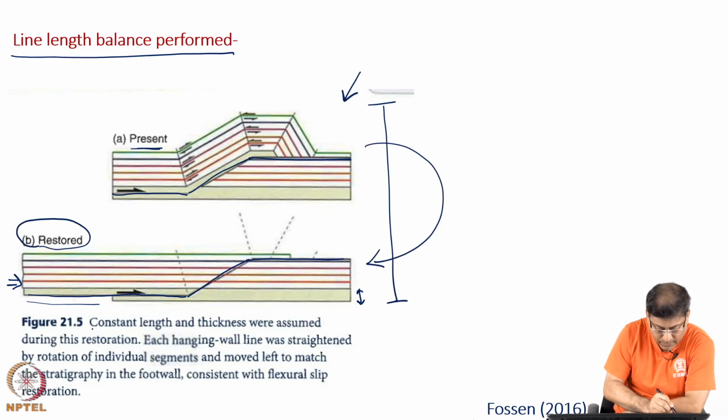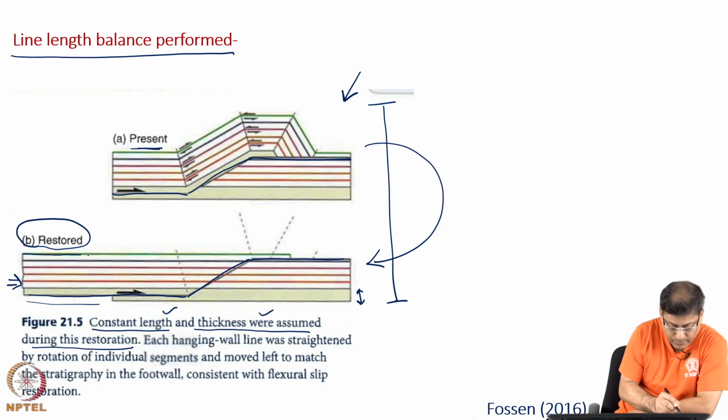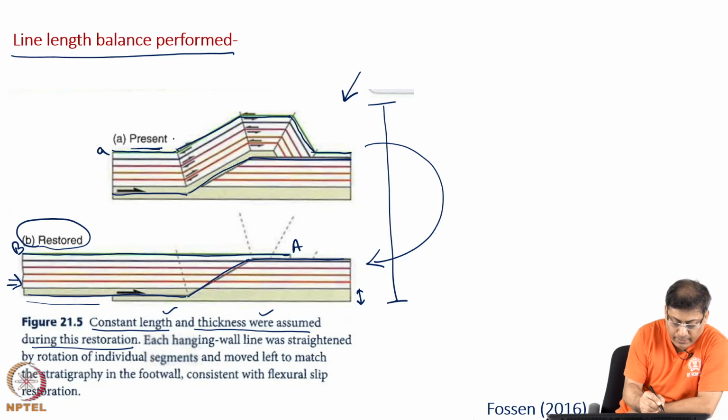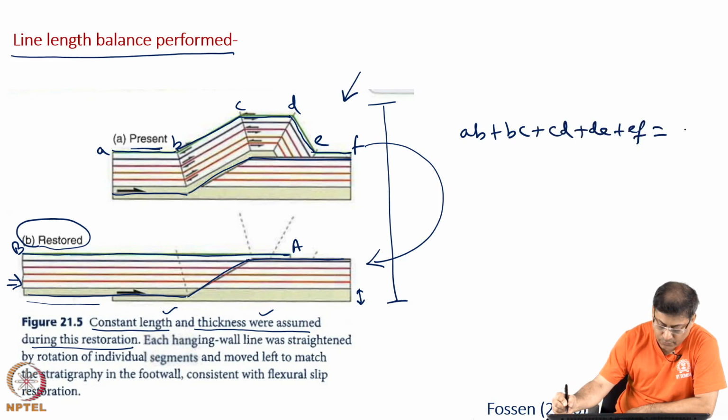In this particular case, constant length and thickness were assumed during the restoration. Both of them have been applied, which means that this line length AB is same as the sum of these 5 lengths A, B, C, D, E and F. The length AB plus BC plus CD plus DE plus EF is equal to the AB length undeformed.